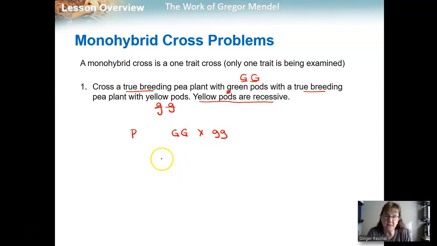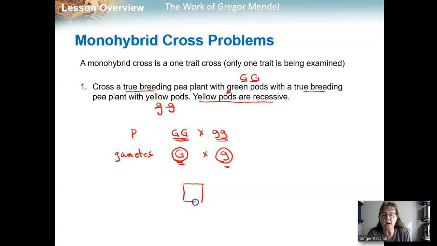Now you'll see that this Punnett square is going to be much more simple because our gametes are fewer. The only type of gamete this individual can make is a capital G. The only type of gamete this individual can make is a lowercase g. So since we have one gamete and one gamete, we have a 1 by 1 Punnett square.